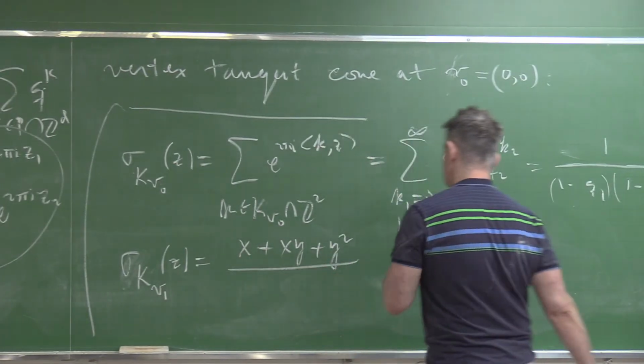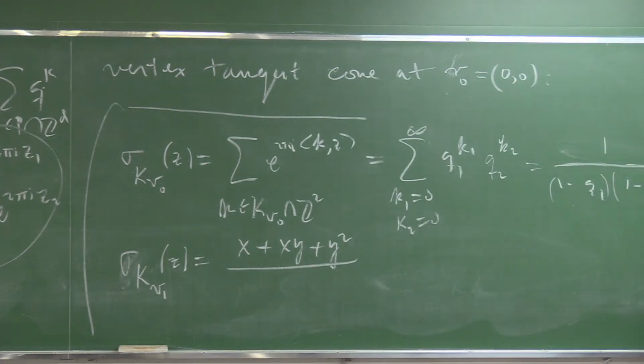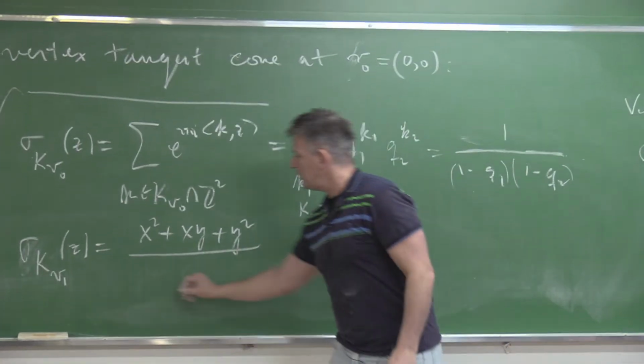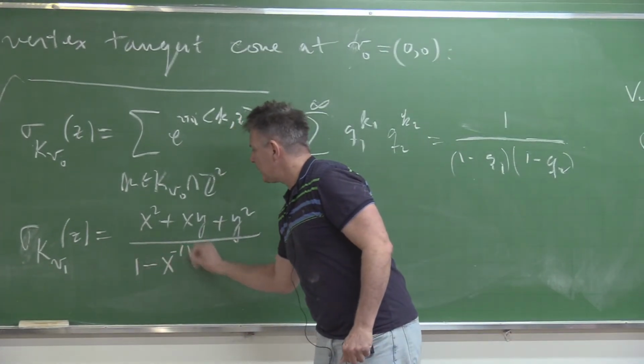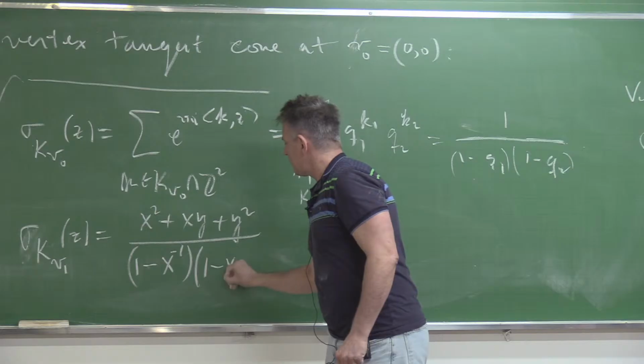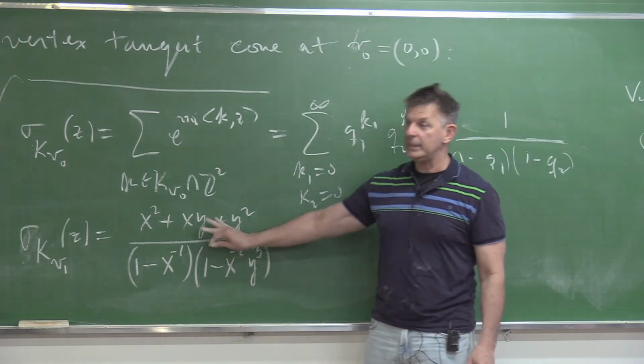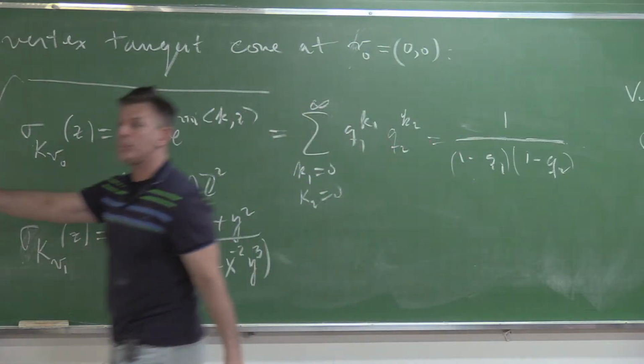Was it x? X squared, yeah, thank you, good. X squared plus xy plus y squared divided by 1 minus x inverse times 1 minus x to the minus 2 y cubed. So it's this rational function in two variables. That is everything. Now we took care of all the integer points in the cone.